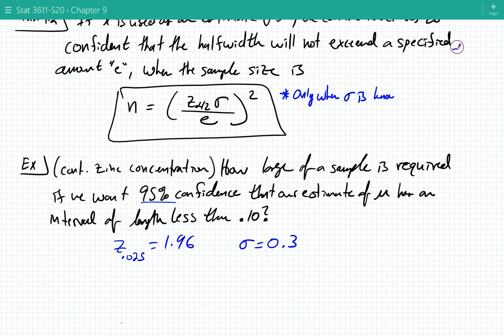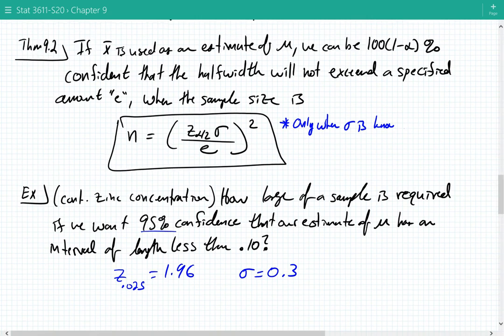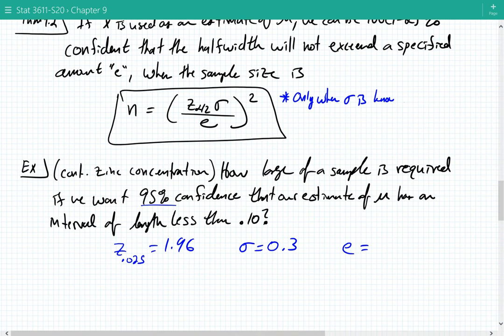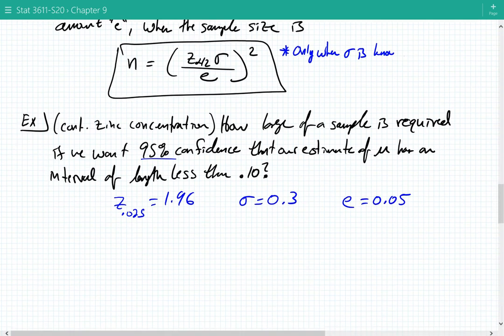What else do we need? E, the half-width. Our estimate of mu has an interval of length less than 0.10. The total length is 0.1, so half of that would be 0.05.